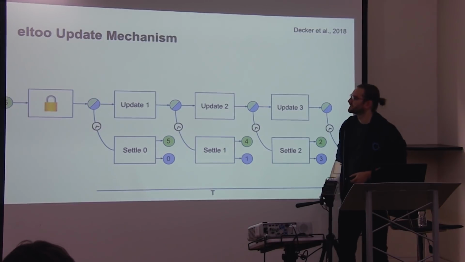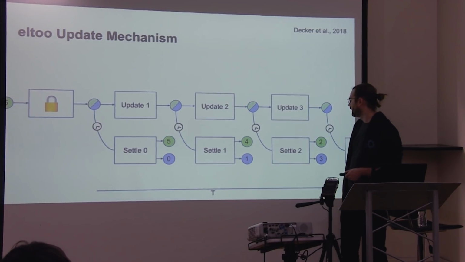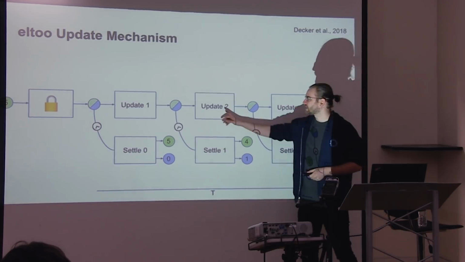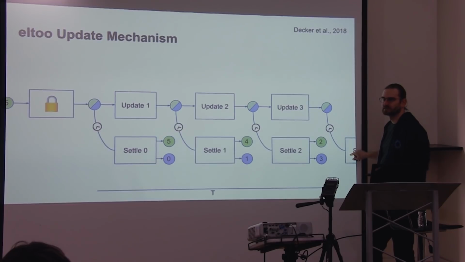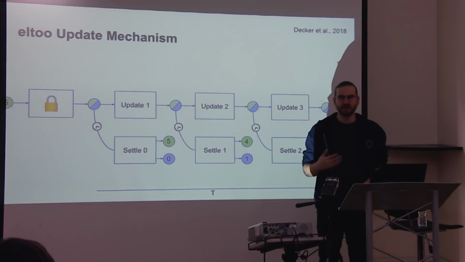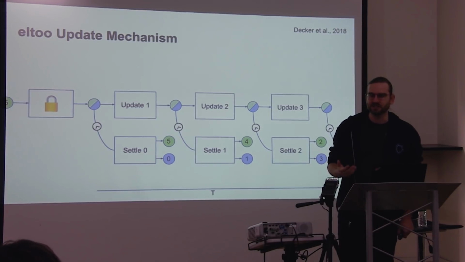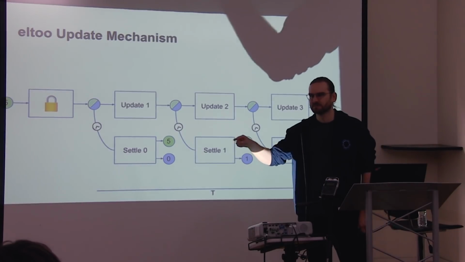The blue participant sees, wait, you're trying to cheat me. So what he does, he publishes update 2 and 3, and then has 24 hours to wait before he can send settlement 3. So what we actually do is we allow you to initiate a settlement using an old state, but we'll just tag on, right?